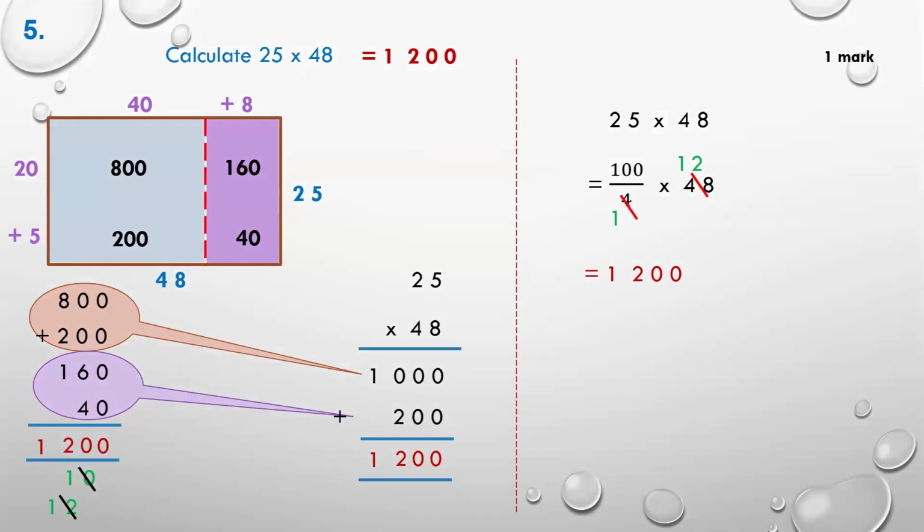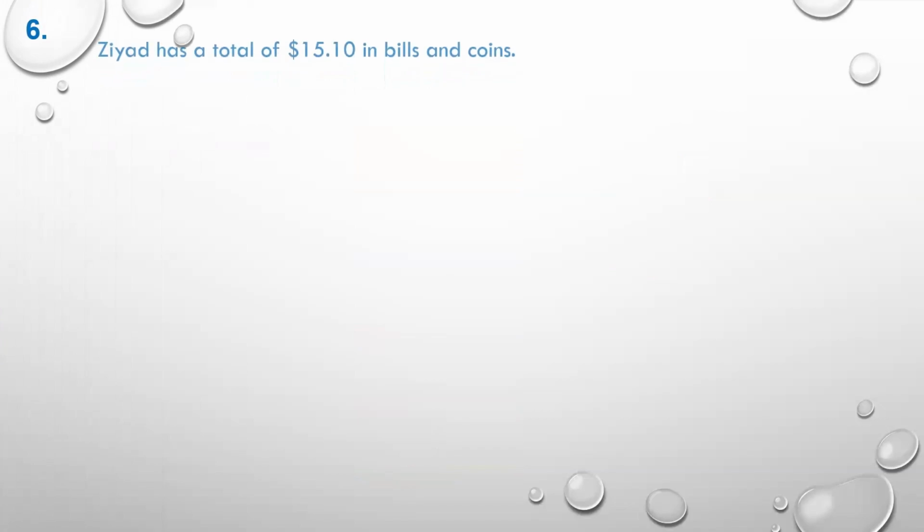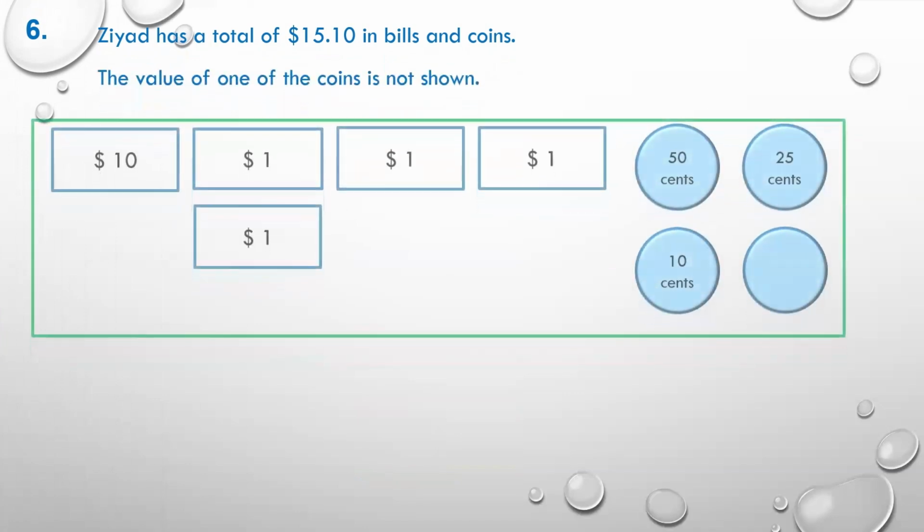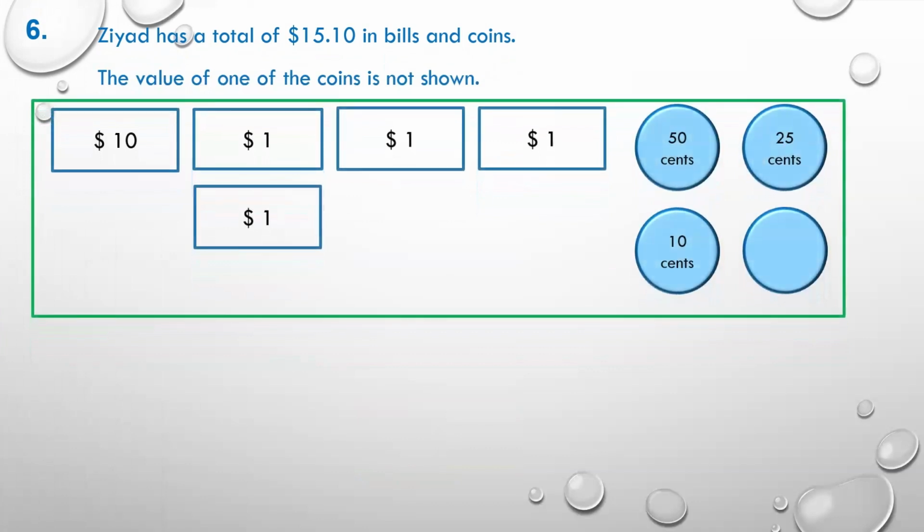Let's now move on to number 6, where we're still on the strand of number. And it says that Ziad has a total of $15.10 in bills and coins. The value of one of the coins below is not shown.